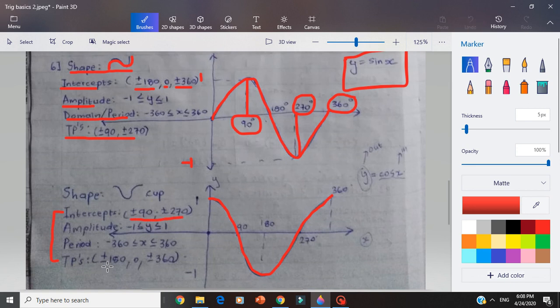If you know that, you're just going to quickly swap the two sets of values. The amplitude remains the same, which is 1 and minus 1, and the period as well.